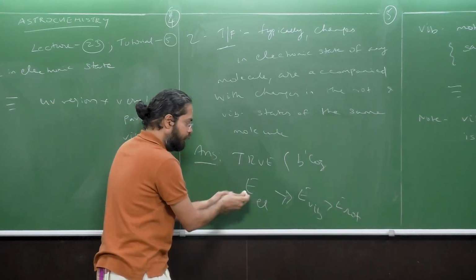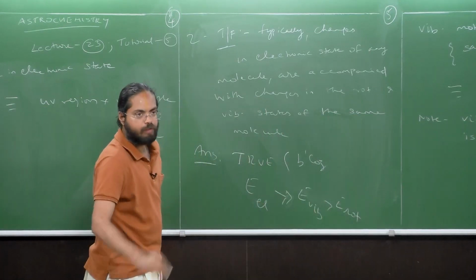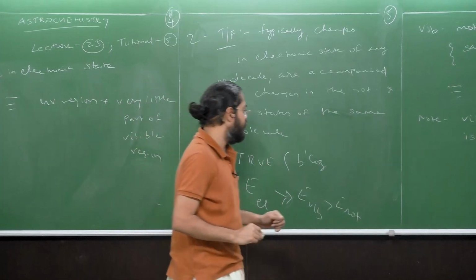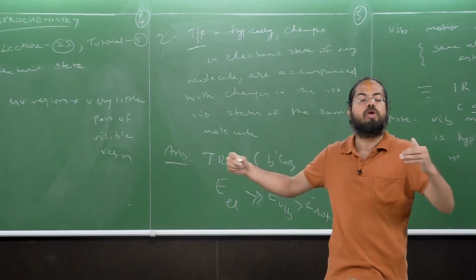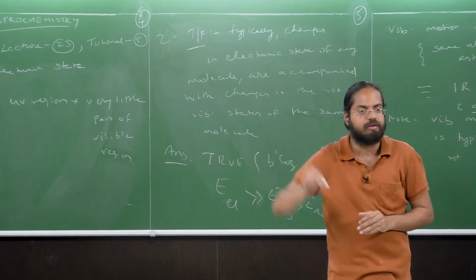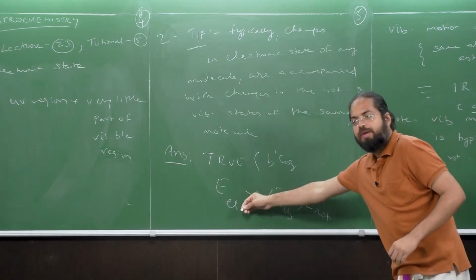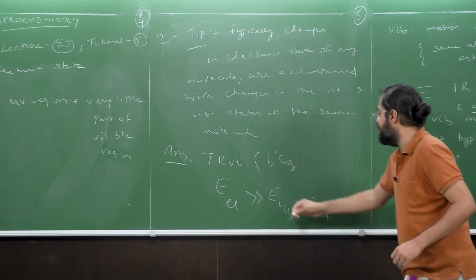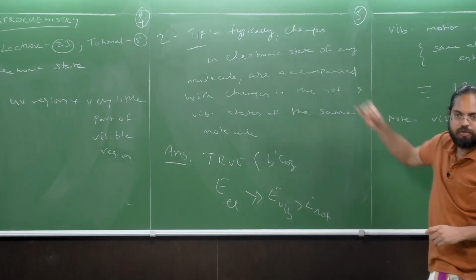Whenever this transition happens, it's always accompanied by these two also. So please note this point. This point will be of relevance when we look into examples of how molecules are detected in space and we look into their individual spectra. So please note for now that whenever electronic motion happens, along with that, vibrational and rotational motion also happens. That's the significance of this question.